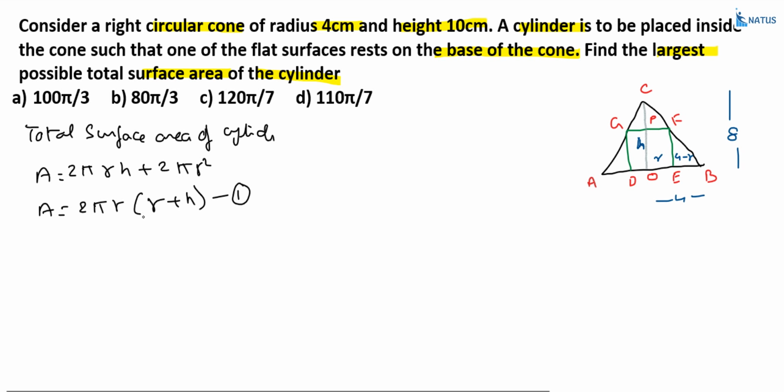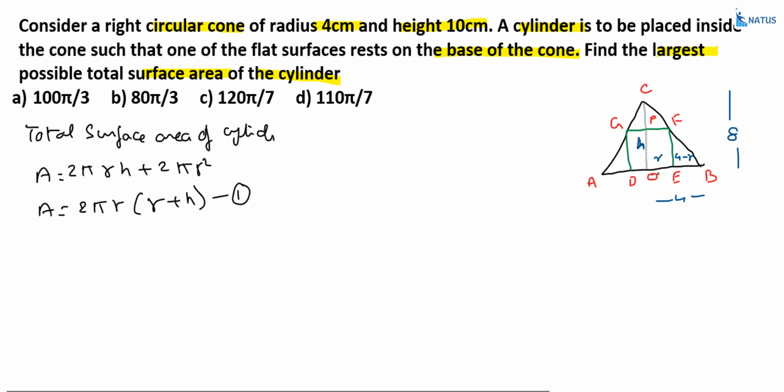Now, if you observe this diagram, if the height increases, then the radius decreases. If the height decreases, then the radius increases. That means height and radius are inversely proportional to each other.